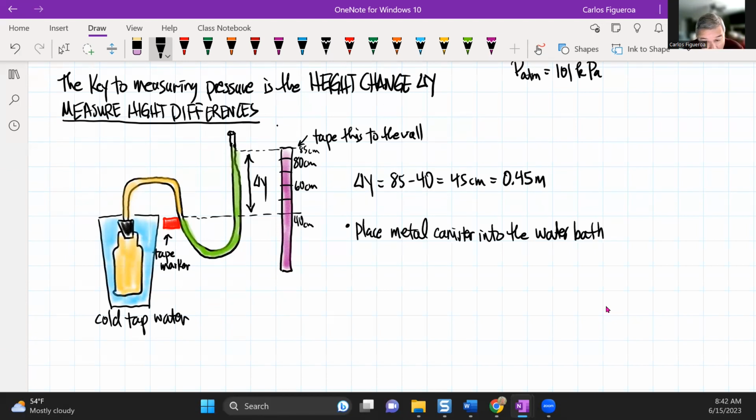And remember, you want to submerge that canister. Now I'm going to come in with my thermometer and wait a little bit to see that this reaches equilibrium. When the temperature stops changing, now adjust the tubing until you can measure this height change.